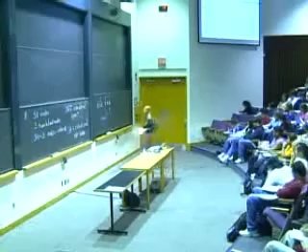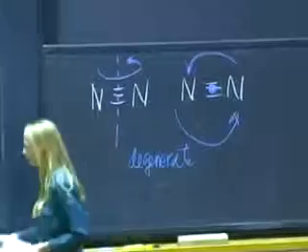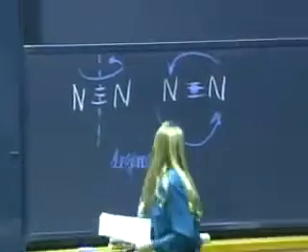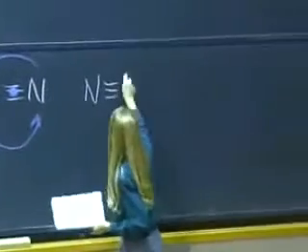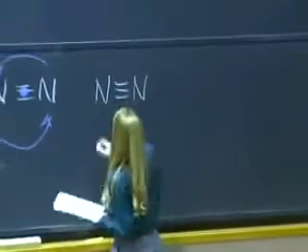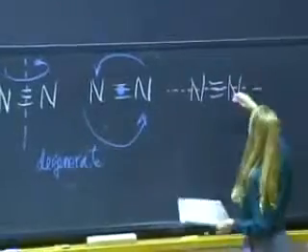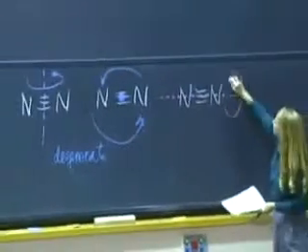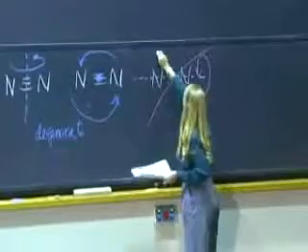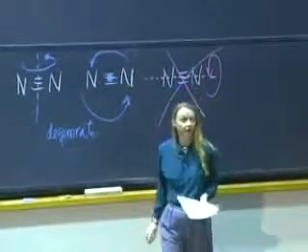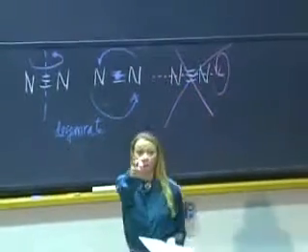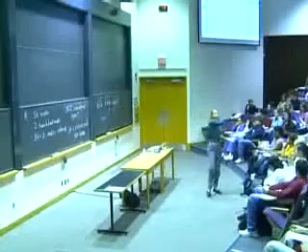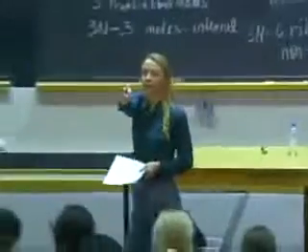What I want to point out here is that if you look at the axis here in the plane of the board that is along the bond axis, hey, you know what? This is not a rotational mode, all right, because there's cylindrical symmetry around that bond axis.